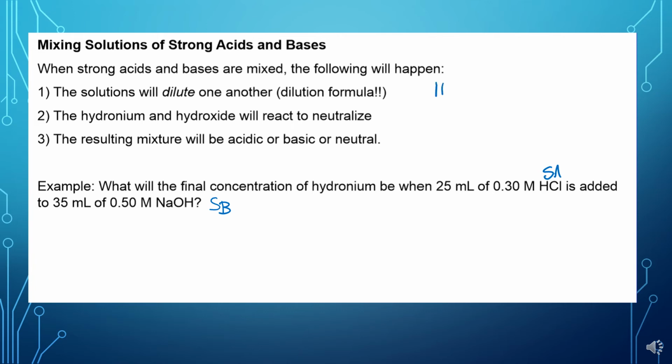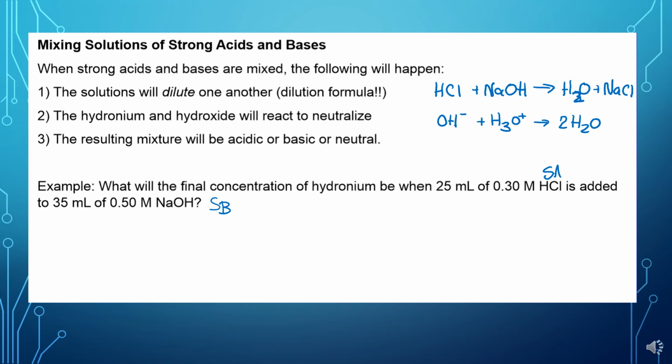When I have HCl mixed with NaOH, we form water, H2O, plus a salt, NaCl. So there's where the neutralization takes place. And what's happening is the hydroxide is mixing with the hydronium ions to form water molecules. So that's really what's happening at a molecular level.